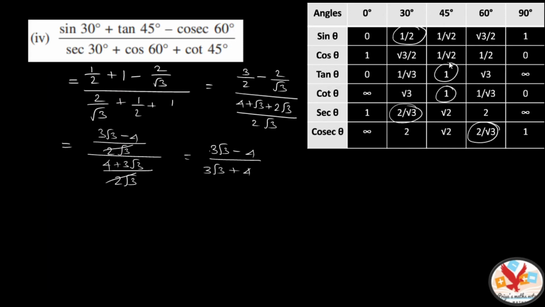The denominator is in the form of a plus b. What we have to do? We have to multiply and divide by a minus b. Okay, rationalization. What is the value of a here? 3 root 3. And what is the value of b here? It is 4.